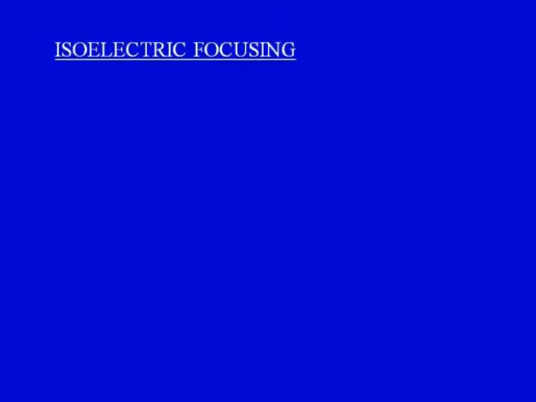Though it is an analytical technique, you can always purify a very high quality protein here by preparative gel electrophoresis. All right, so we will begin our discussion with isoelectric focusing.